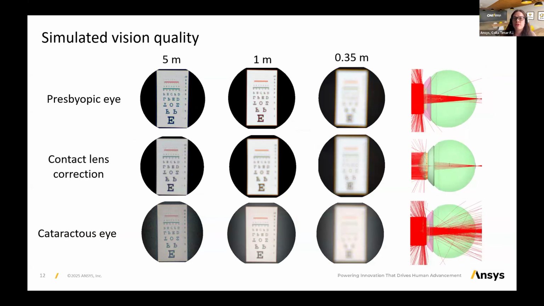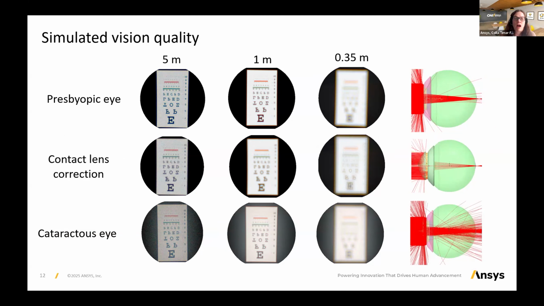So by numeric simulations, we can visualize and assess the performance of different scenarios. We can see what the presbyopic patient would see at different object distances, how the image quality worsens as we move the object closer to the eye. Then we can analyze how the designed contact lens would correct the vision and balance the quality between the different viewing distances.